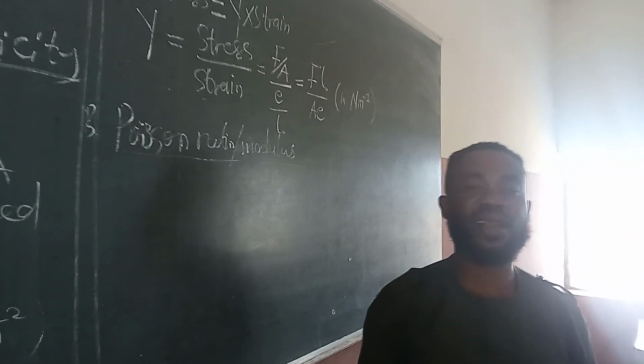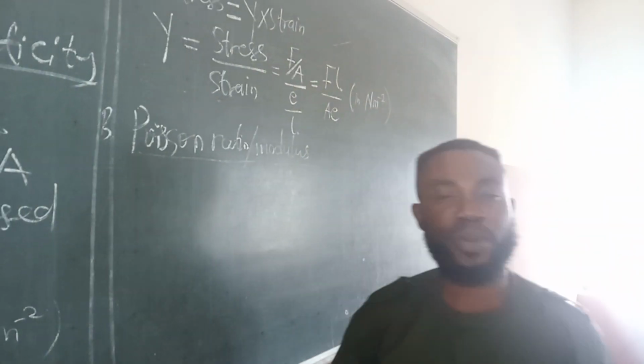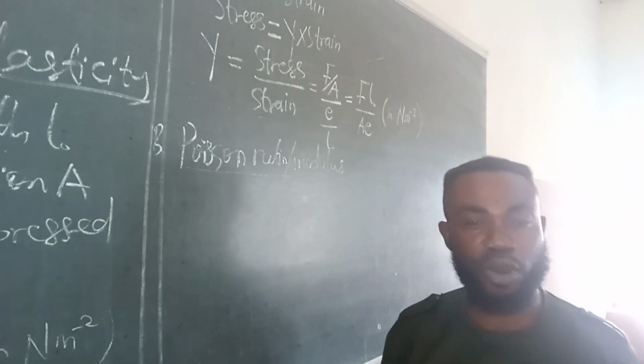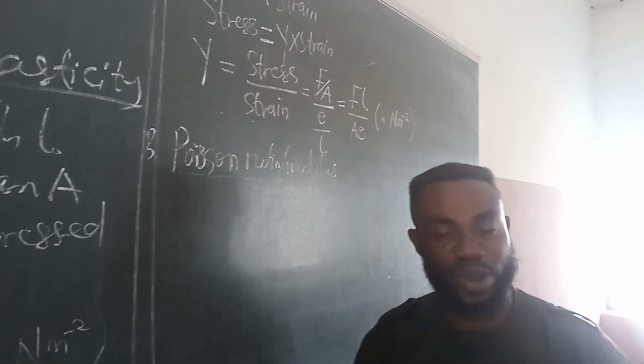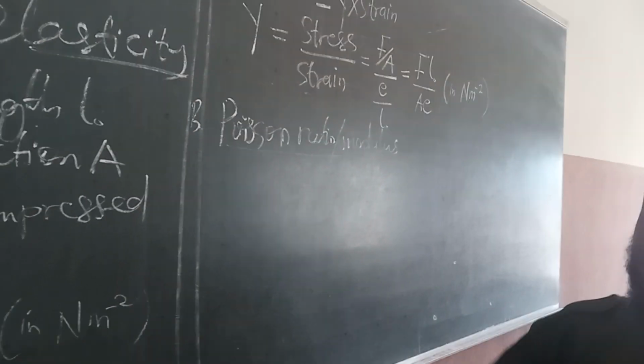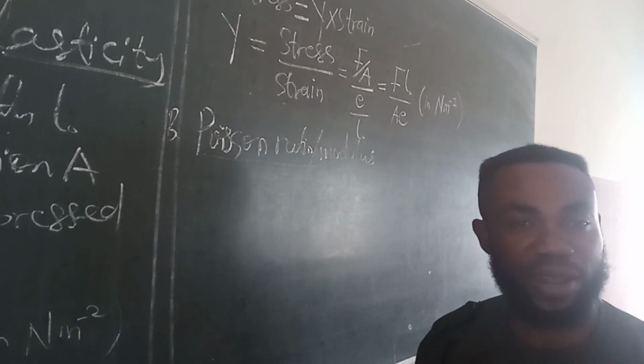When a material is being stretched, common experience shows that its deformation occurs in both length and width directions. And this is summarized by the Poisson moduli of elasticity.